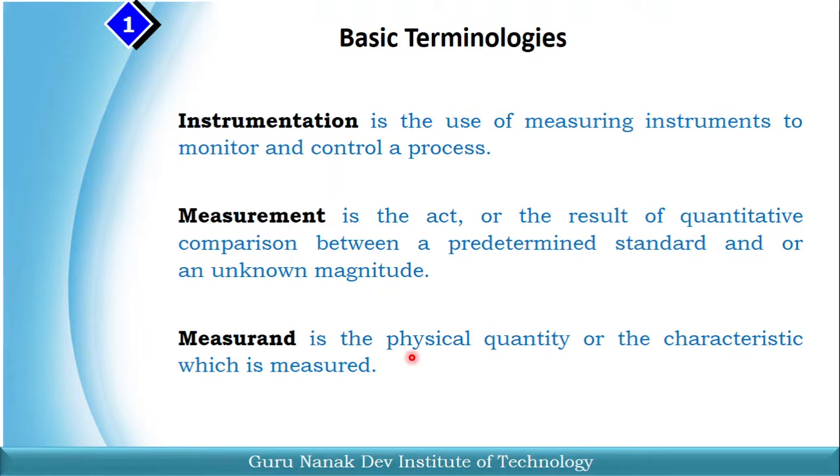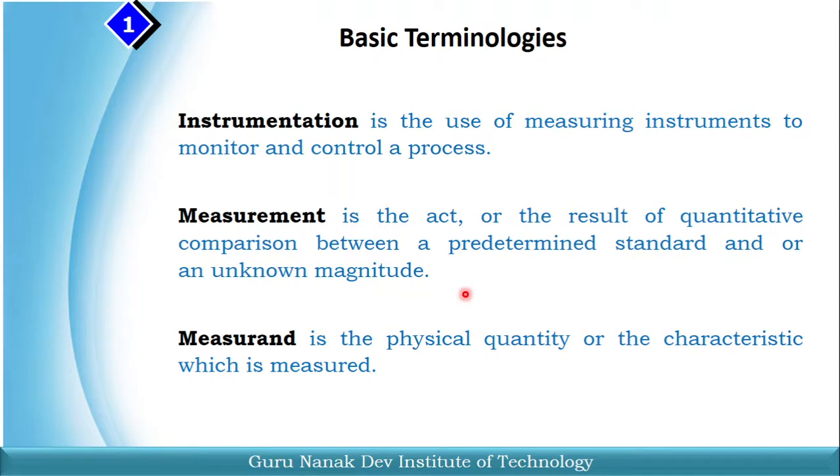Now after you determine the temperature, you want to control the temperature to a certain other value. Suppose the room temperature is 28 degrees Celsius and you want to set it at 25 degrees Celsius. Then how will you do it? You just switch on the AC and set the temperature at 25 degrees Celsius.